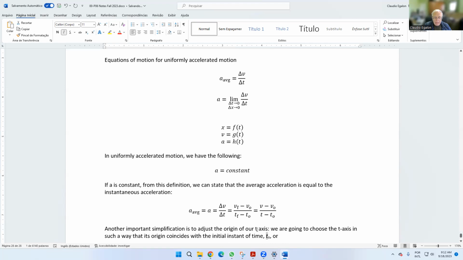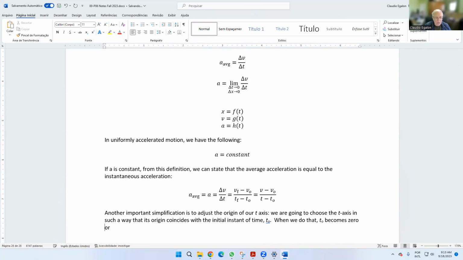Italicize to make it look nicer. So when we do that, we make t naught equal to 0. When we do that, t naught becomes 0.